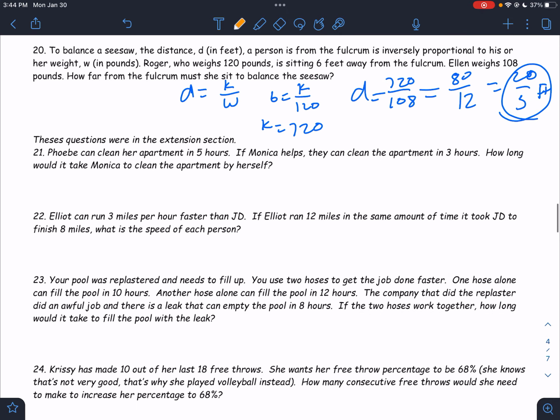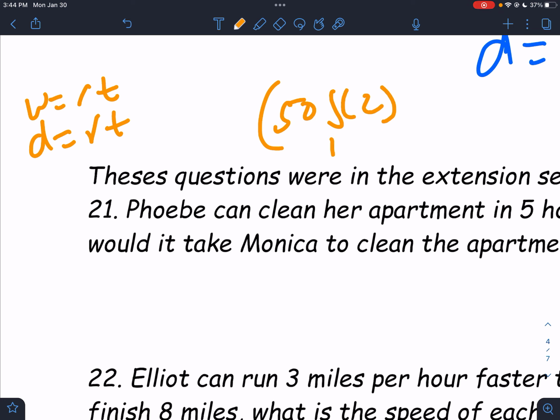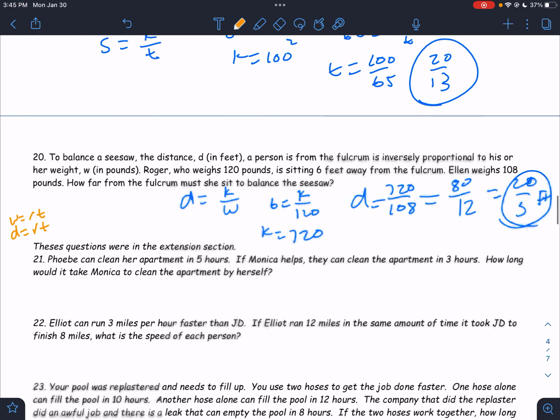Here's the stuff that we know. There's 2 situations. There's work equals the rate times time, or distance equals the rate times time. They're the same idea, right? If you're going 50 miles an hour for 2 hours, you're going to go 100 miles. That's distance equals your rate times time. And work is basically distance, except work is like a distance of 1 a lot of the time, as in being one job done.